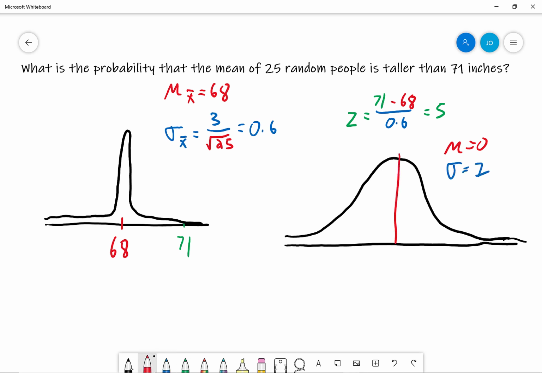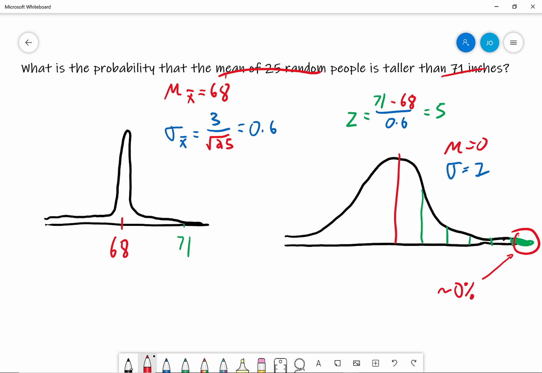But now we're interested in being 5 standard deviations away. 1, 2, 3, 4, 5. If we wanted to just use our empirical rule, we're beyond 3 standard deviations, so we'll just say that's approximately 0%. There's approximately a 0% chance that the mean of 25 random people is greater than 71 inches.